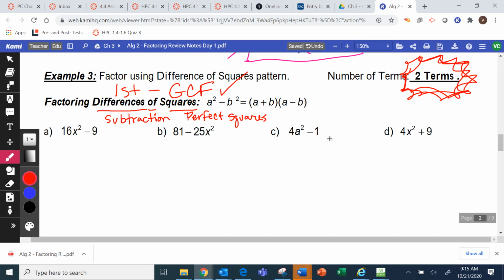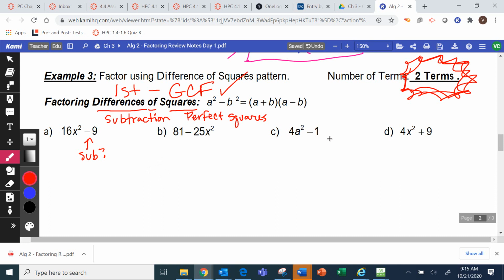If we are subtracting perfect squares, then we have something called difference of squares, and I will move on and show you what to do. So this first one, the first question you want to ask, is it subtraction? Do we have a subtraction sign? Yes or no? Yes, we can proceed on.